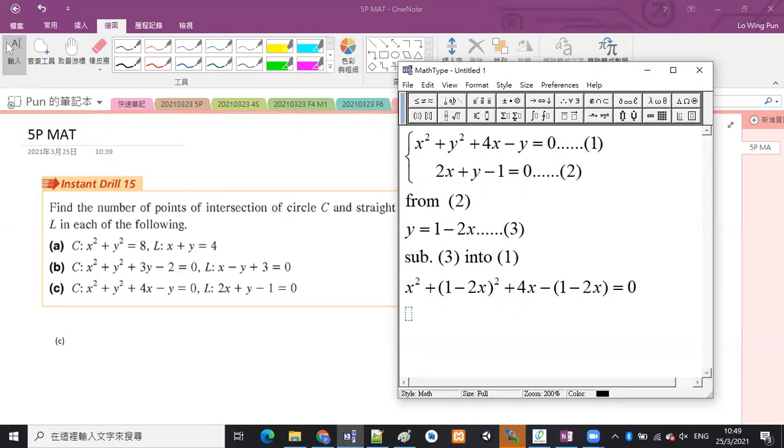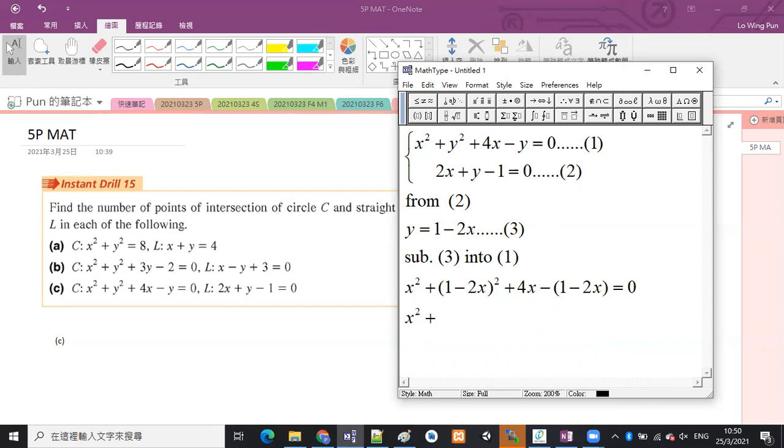Then we need to expand all the brackets and calculate the like terms, until we can get a simple quadratic equation. So x squared is just x squared, and for the 1 minus 2x bracket square, we are going to use the identity about a minus b bracket square. It becomes a squared minus 2ab plus b squared.